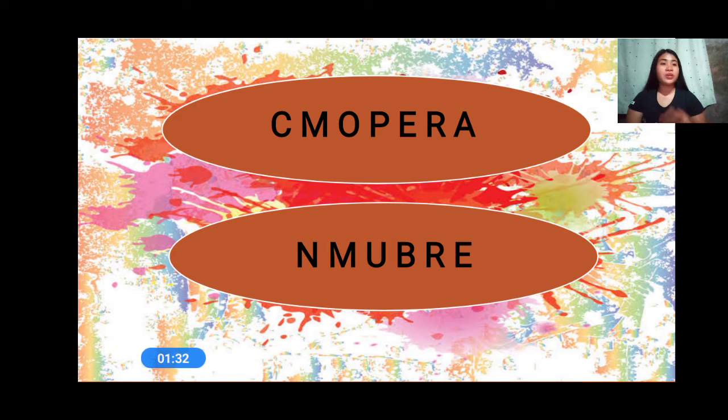Okay, very good. The word compare. How about the second jumbled letters? Okay, that's very easy. Number. Now we have compare number. Okay, so if you hear the word compare number, what comes into your mind?